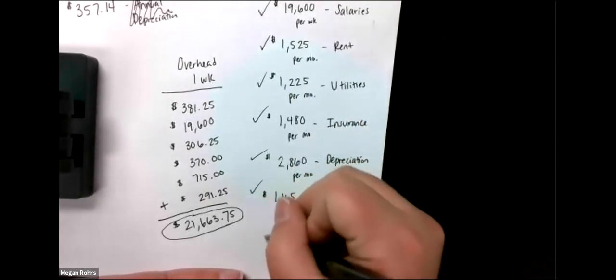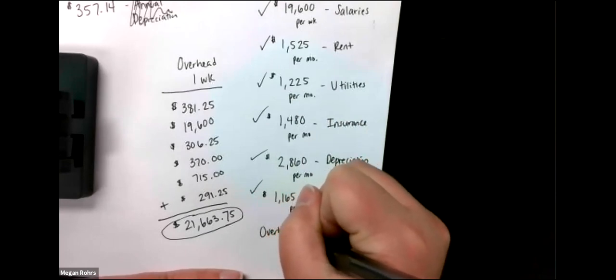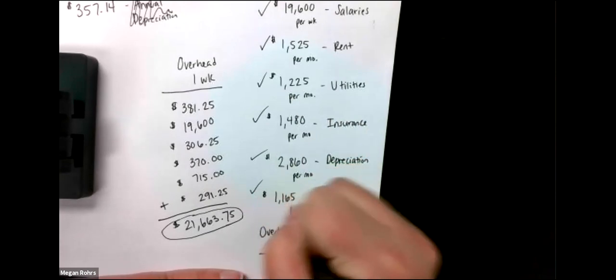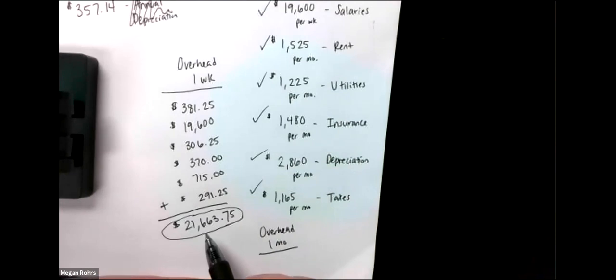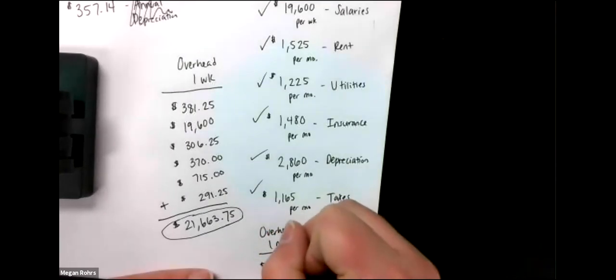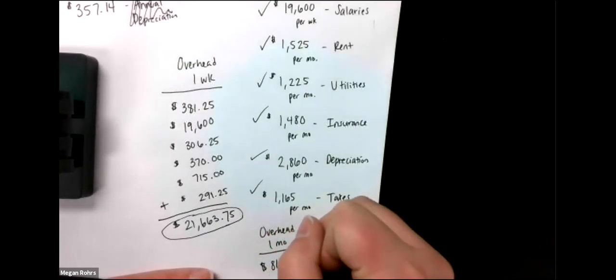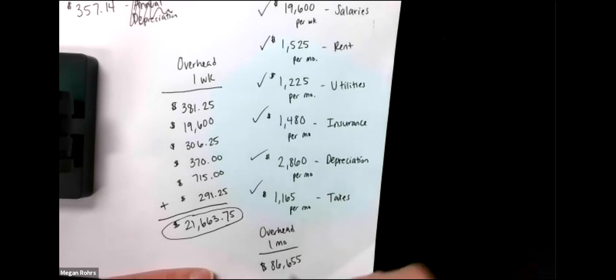So to find per month, all we have to do is take this number here and take that times 4, because this is per week. There are 4 weeks in a month. So this number times 4 gives me $86,655 even.